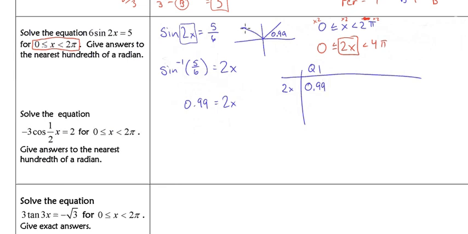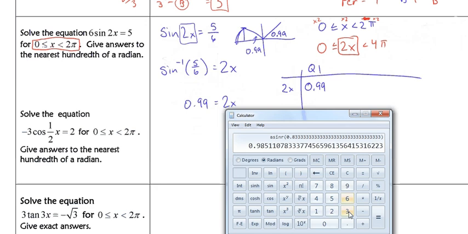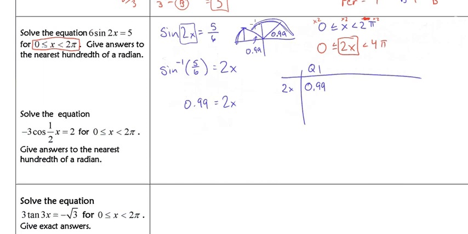Again, sine is positive, so this reference angle of 0.99 radians gives pi minus 0.99 radians. So 3.14 minus 0.99, and this angle itself would be 2.15 radians, happening in quadrant 2.